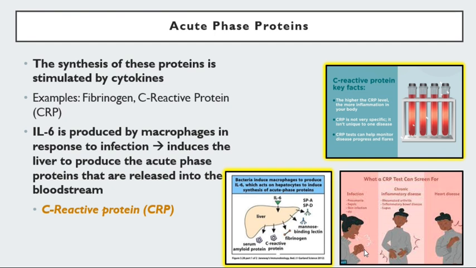So the synthesis of these proteins is stimulated by cytokines. This makes sense, right? If you have something made in your liver that's antimicrobial, and you get exposed to a cut, your immune system gets activated because you're responding to the cut. Your immune system starts releasing cytokines. Those cytokines travel through the bloodstream to the liver, and you can make antimicrobial stuff.